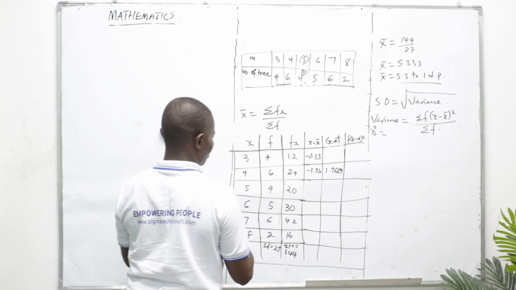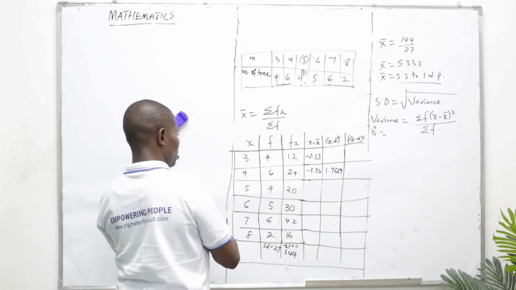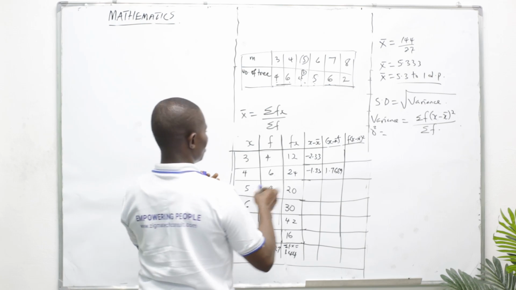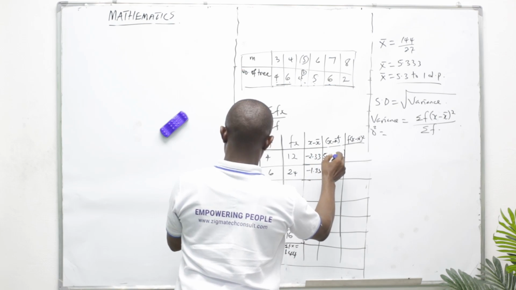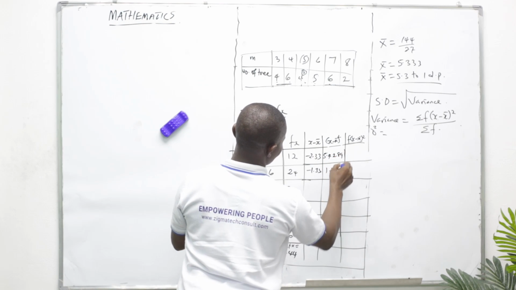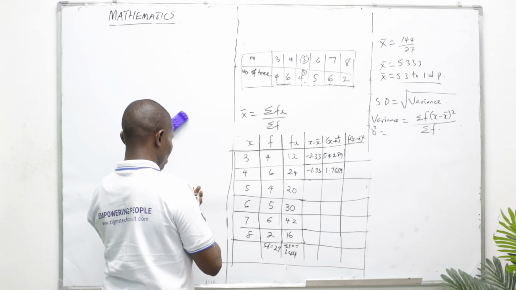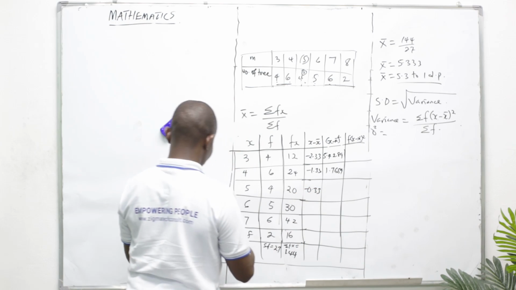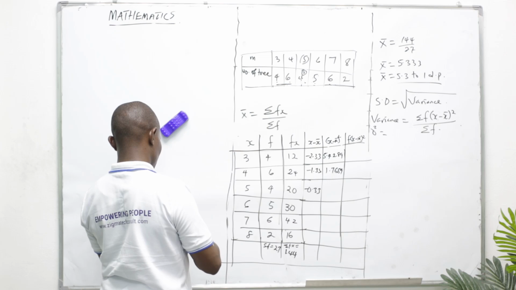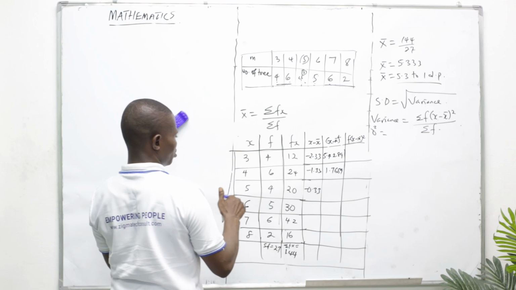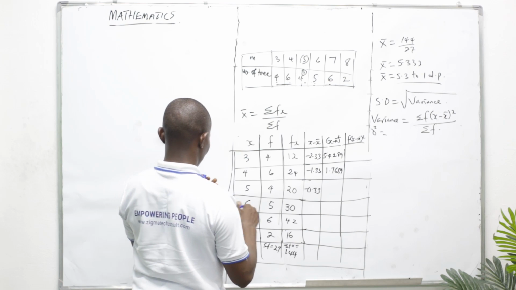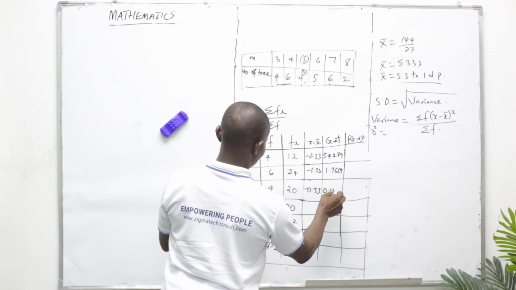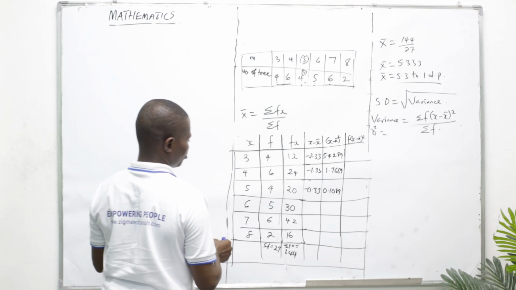1.7689. Then 2.33 squared is 5.4289. Minus 0.33 all squared is 0.1089.